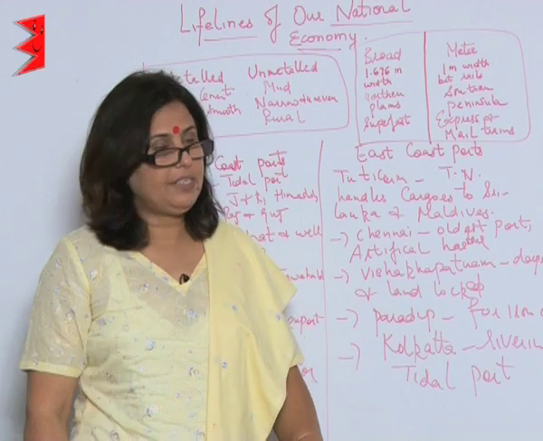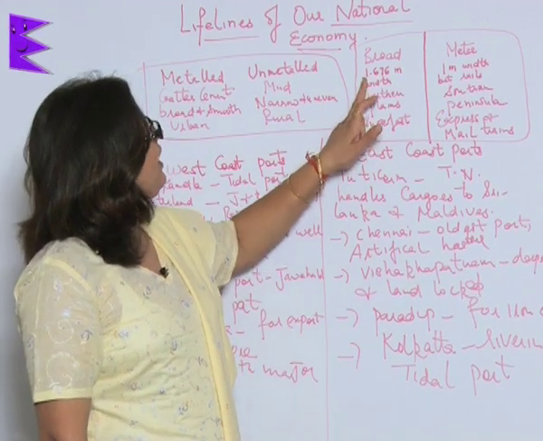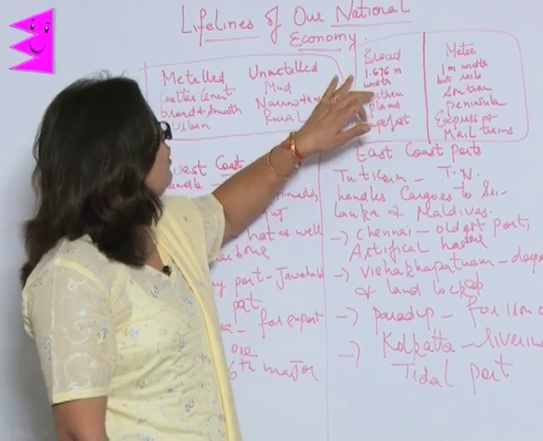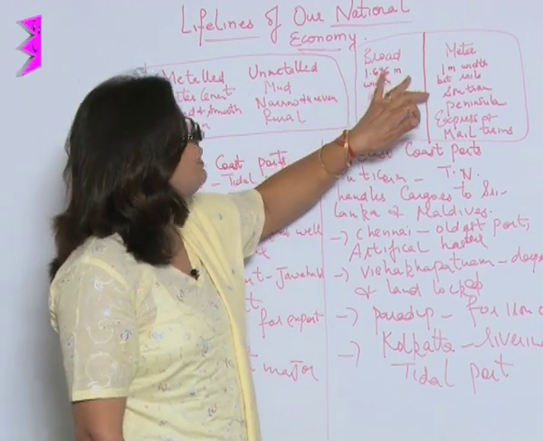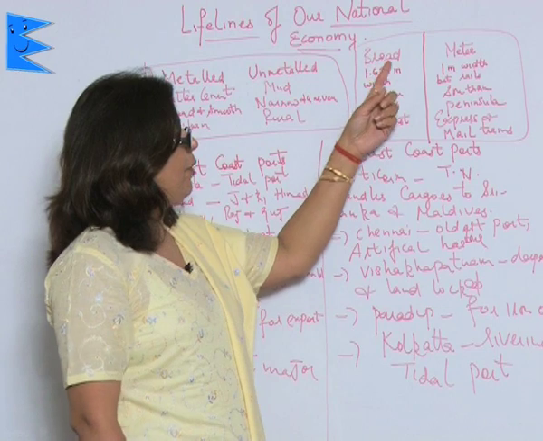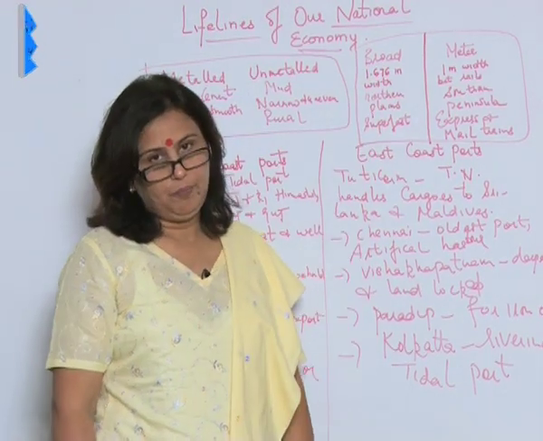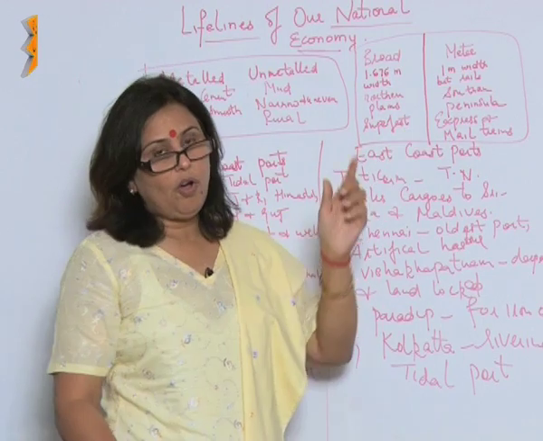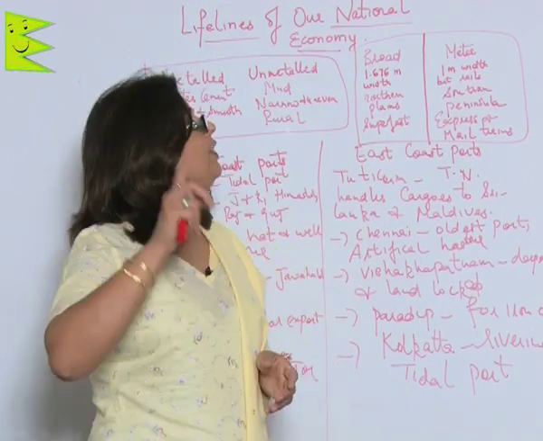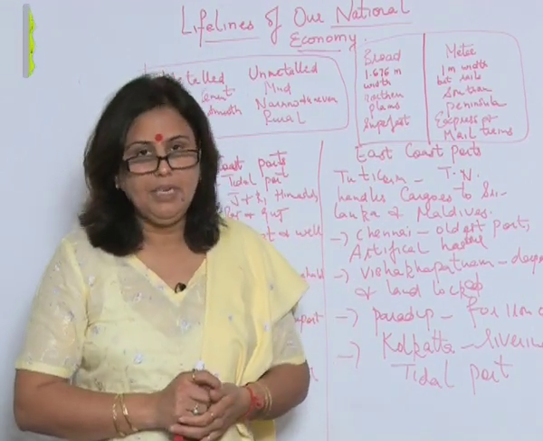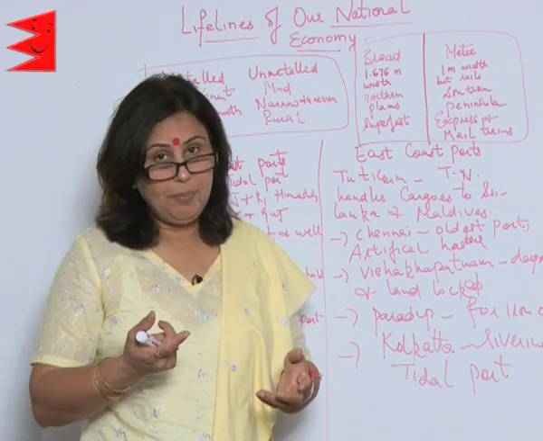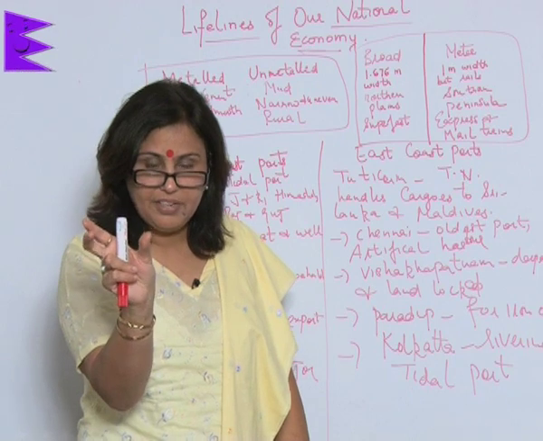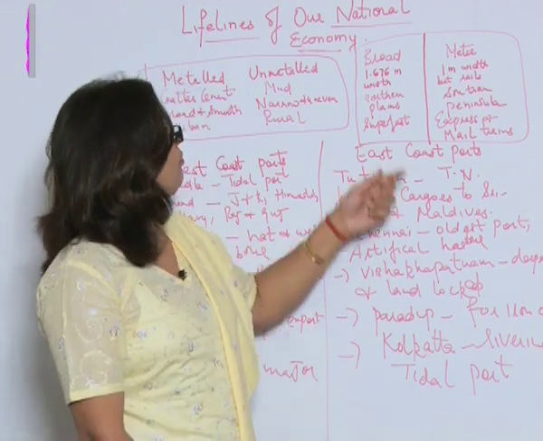When the distance between the railway lines is 1.676 meters, it is a broad gauge railway line. When the distance between the railway lines is 1 meter, that's a meter gauge. Very easy to remember because it says meter.